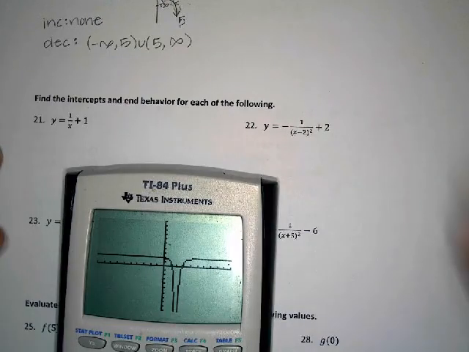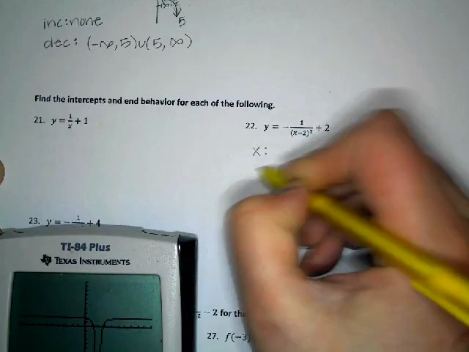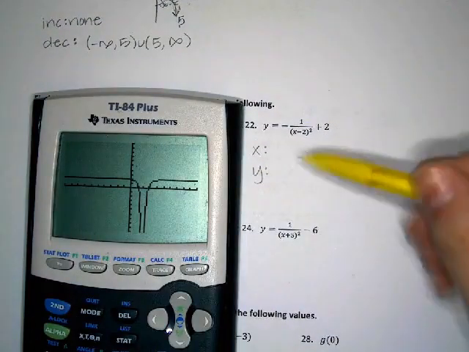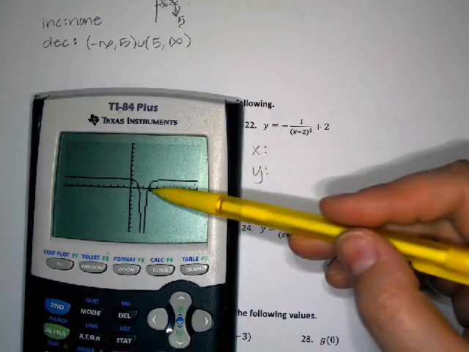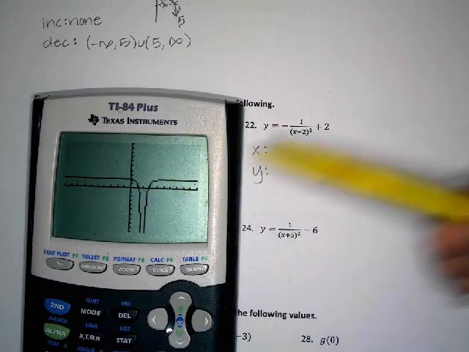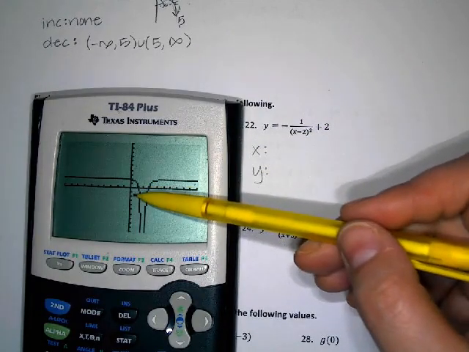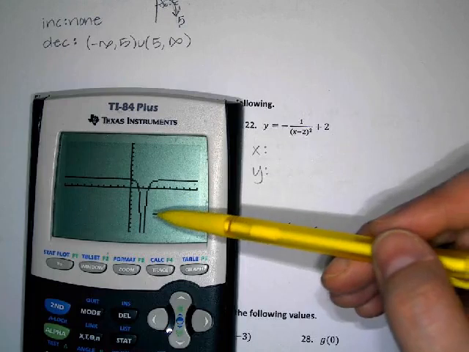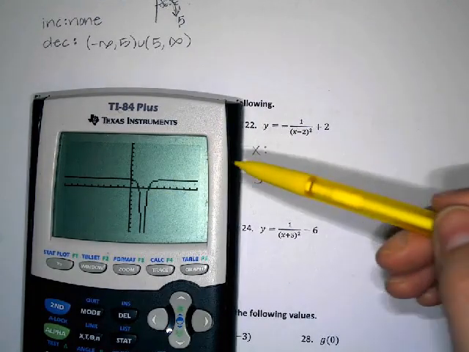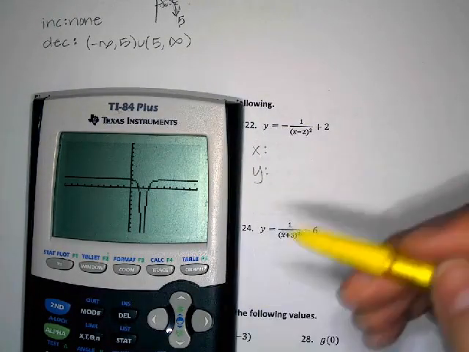So for my x-intercepts, I know that my x-intercepts are going to be fairly close to the vertical asymptote here. The vertical asymptote's at 2, so I'm going to have one x-intercept that's to the left of 2, one x-intercept that's to the right of 2. So for the x-intercept that's to the left of 2, when I do my left bound and right bound, I can keep in mind that the answer is to the left of 2.